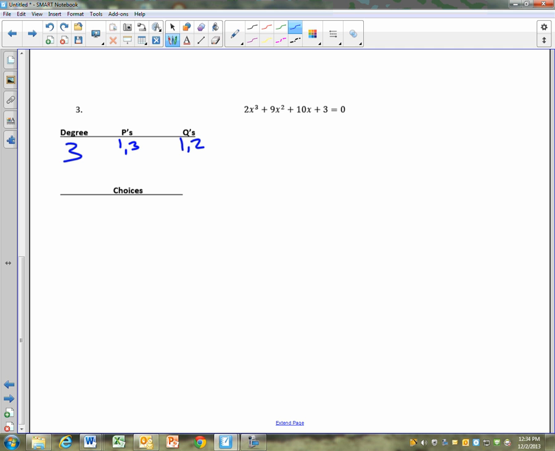So your choices are plus or minus p over q. So I go plus or minus, and I take my p's and divide by each of the q's. So plus or minus 1, plus or minus 1/2, plus or minus 3, plus or minus 3/2. So those are my choices. Okay.